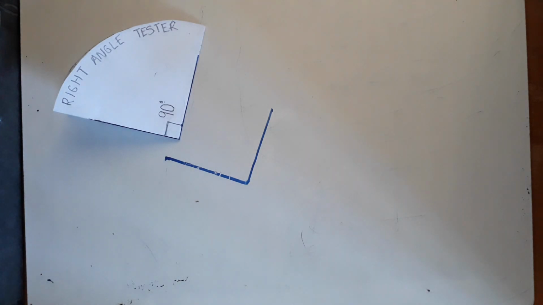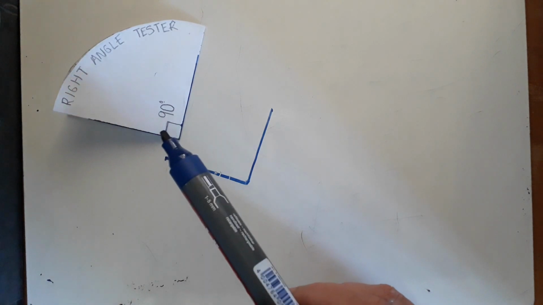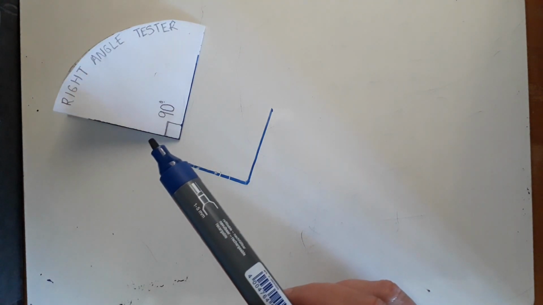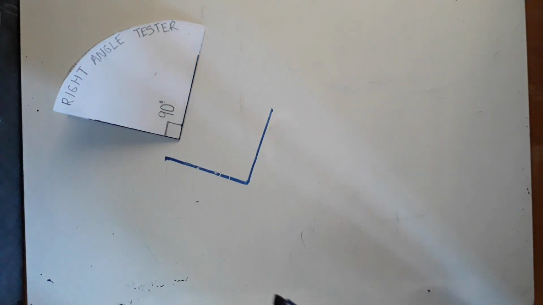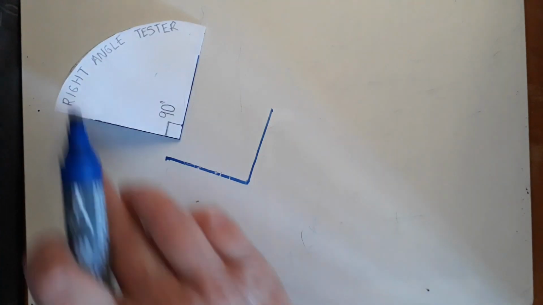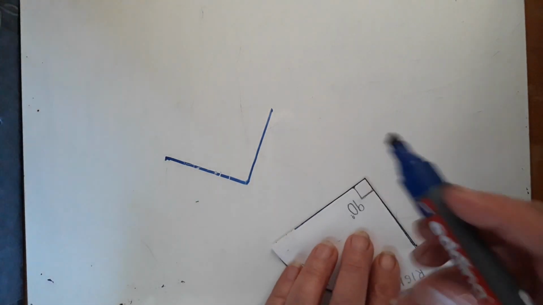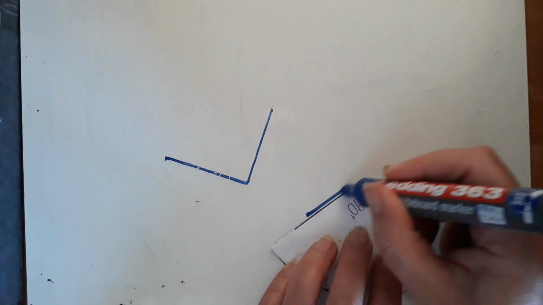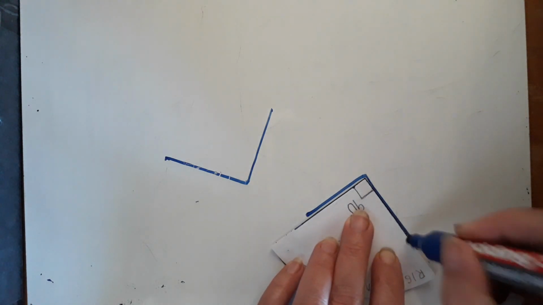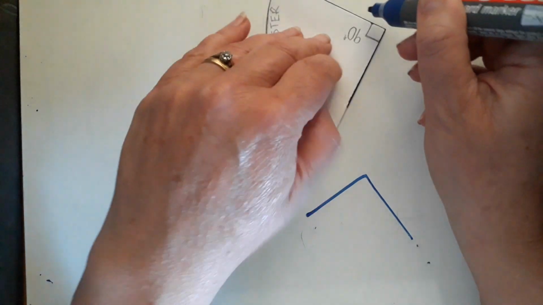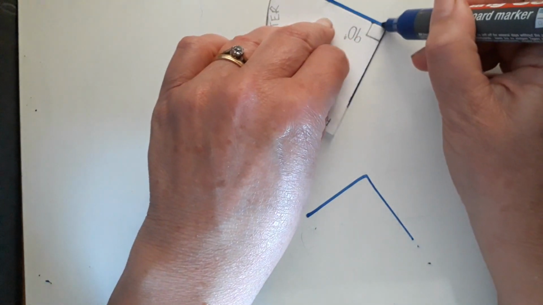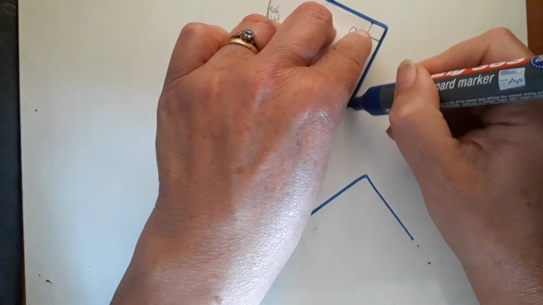Building on from yesterday's lesson, you made a right angle tester. So I'd just like you to go ahead and draw round your right angle tester, rotating it so that you see lots of right angles in different positions.